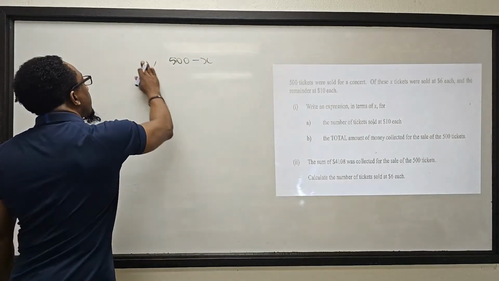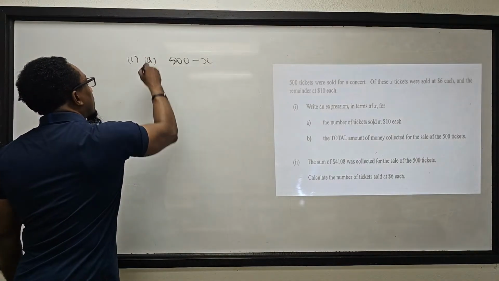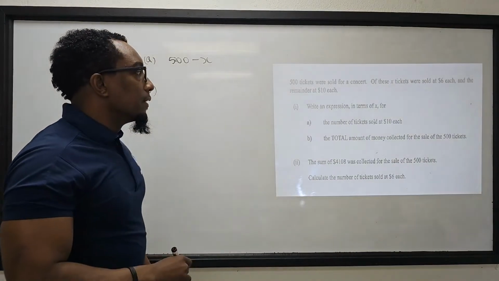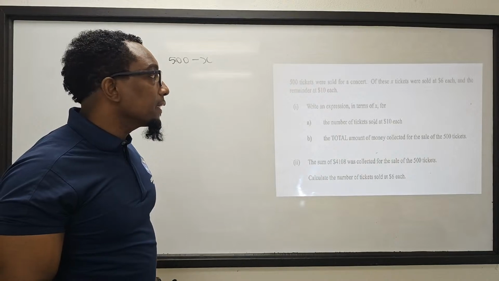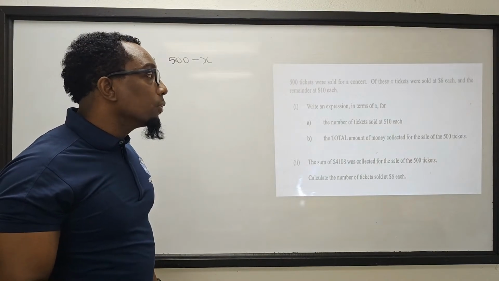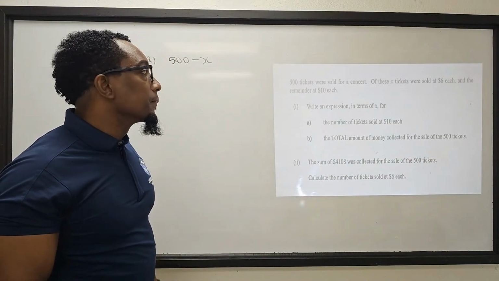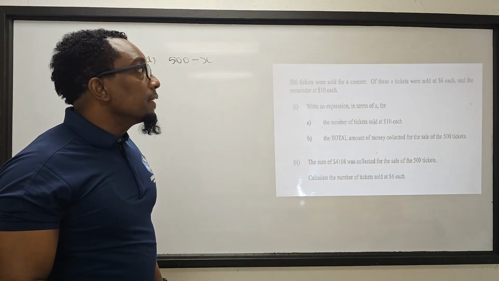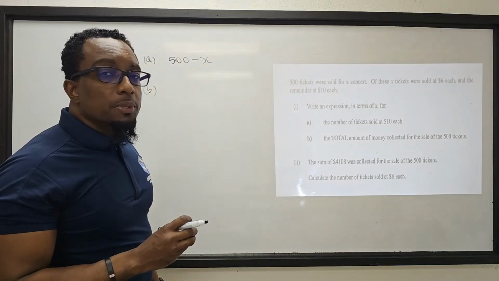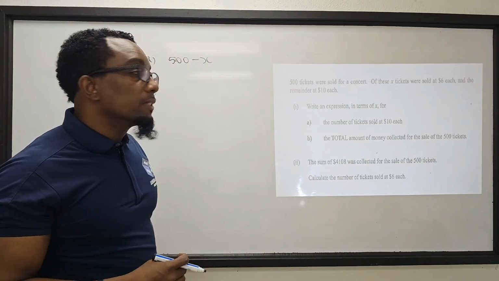Part B. The total amount of money collected for the sale of the 500 tickets. What is the total amount of money collected? It stated x tickets were sold at $6 each.